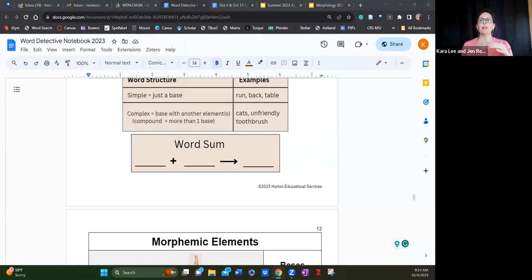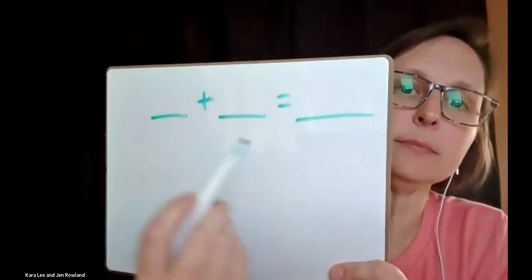And we know that we're going to be talking about meaningful parts of words, not numbers. Okay, very good. So the lines before the arrow are for the meaningful parts. The lines before the arrow are for the meaningful parts. Oh, I wrote an equal sign. Oh, there we go. Okay.